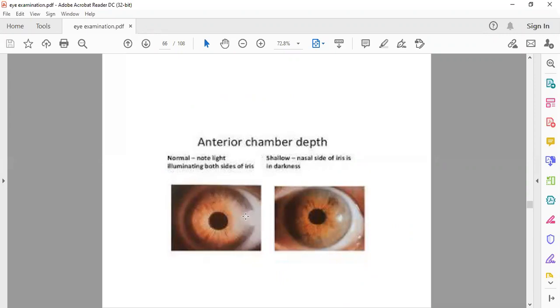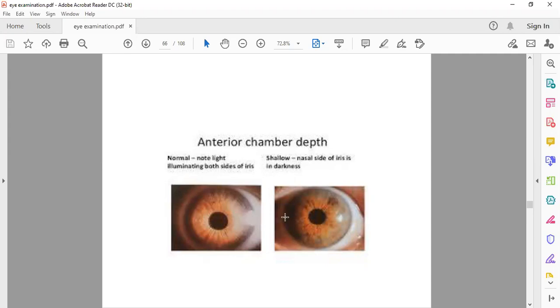Yes, sir. So this is called normal depth. If the anterior chamber is normal, the light will pass through it and go to the nasal part of the limbus. That means the anterior chamber depth is normal.